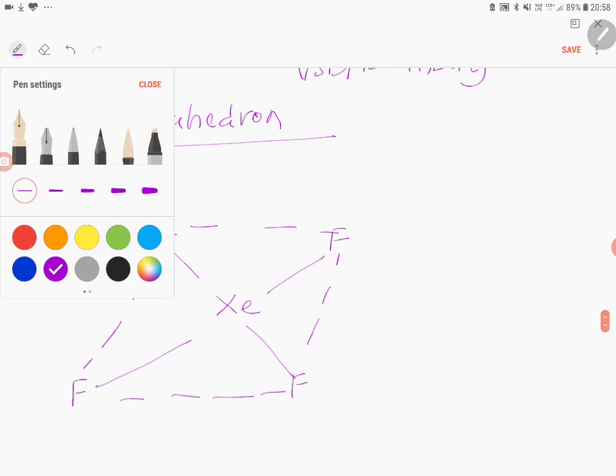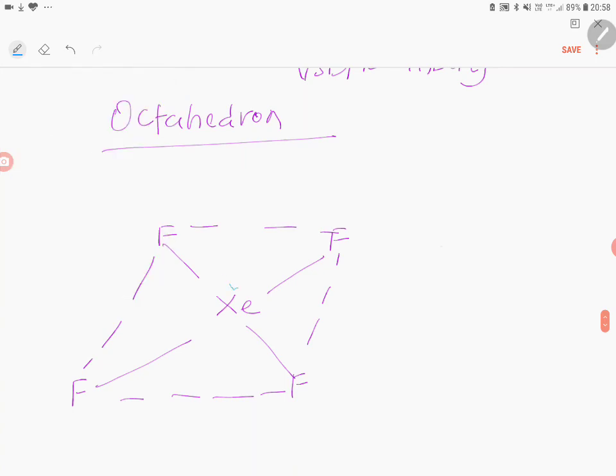Where are the lone pairs? 2 lone pairs are there. So the lone pairs are available like this. One lone pair like this and the other lone pair like this.